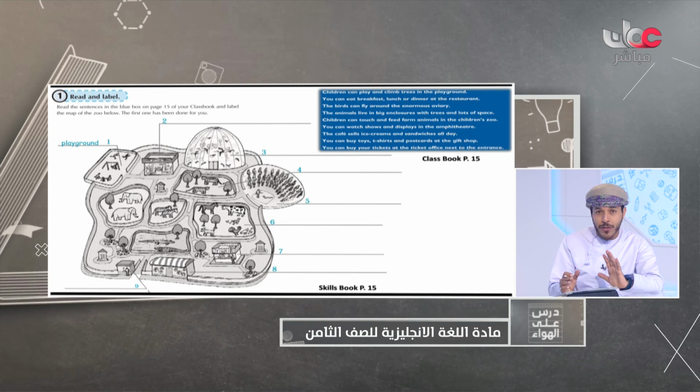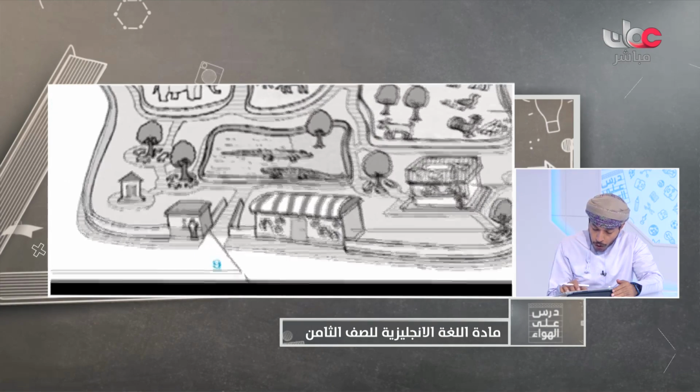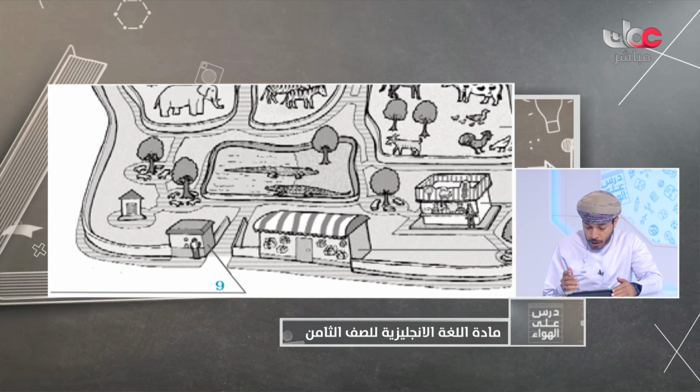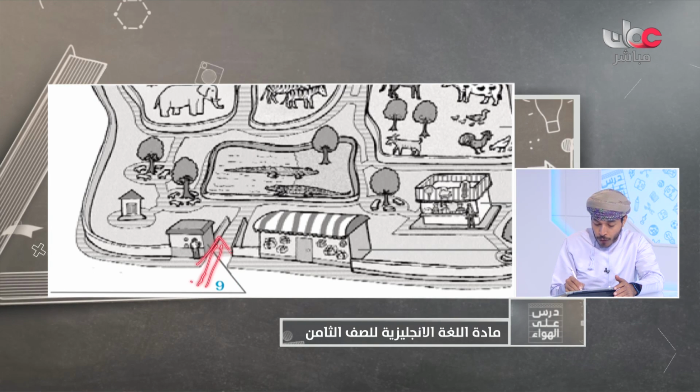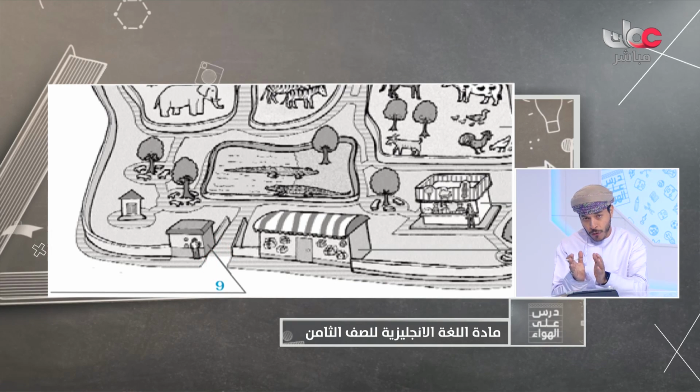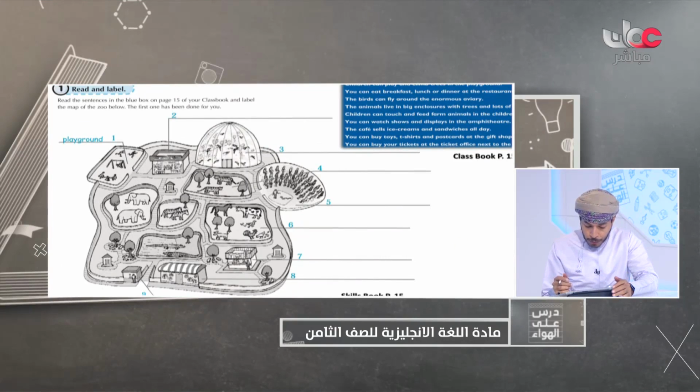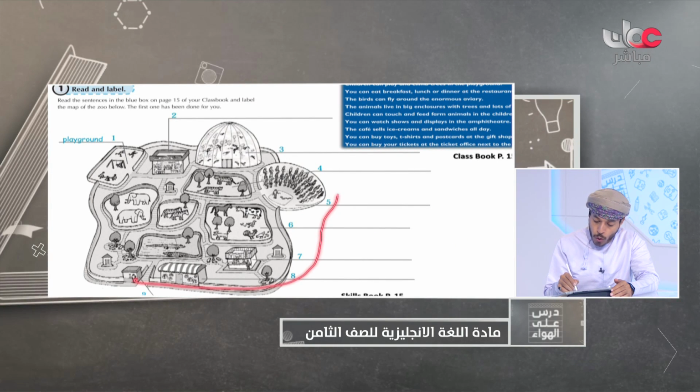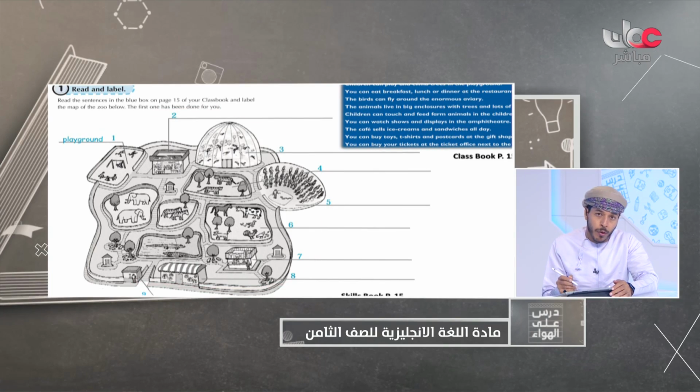But from my point of view, I think it's better to start writing our words from number 9, because here is the entrance of the zoo. So we will enter the zoo and go through the places one by one until we reach the playground, number 1.